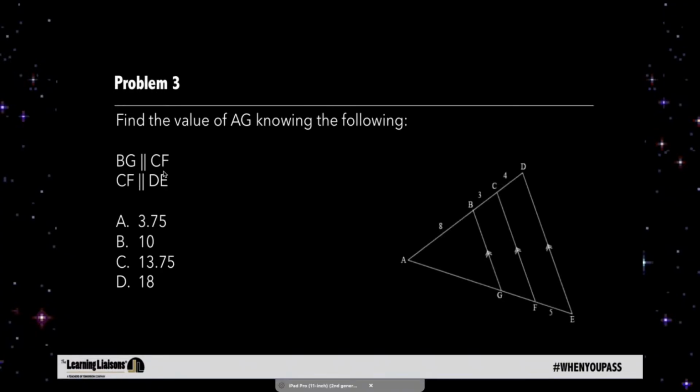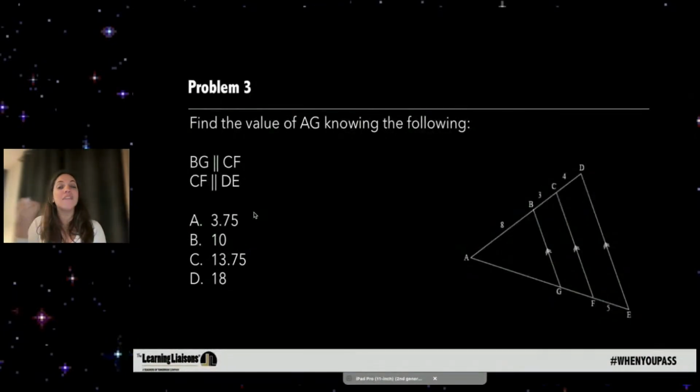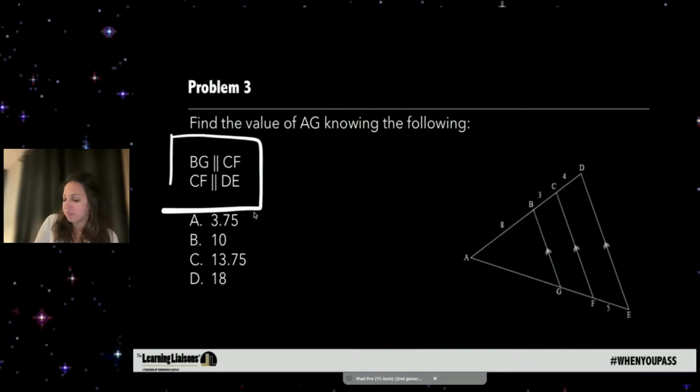Find the value of AG knowing the following. I'm not even going to read the next part because you have to know what these mean. Right here, these mean parallel. So I have BG is parallel to CF, and CF is parallel to DE.